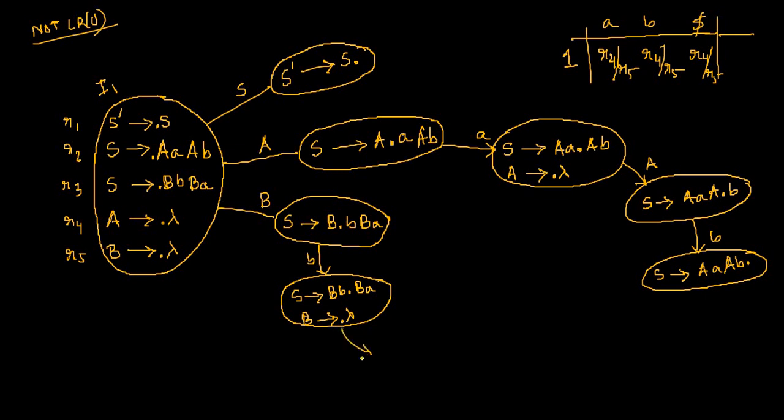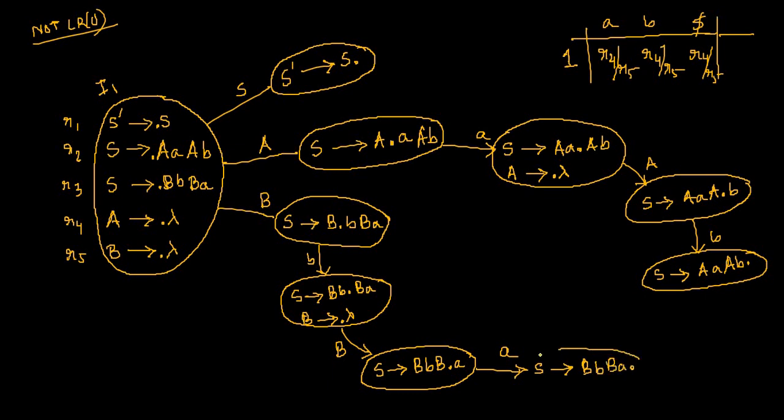Similarly, now if you explore with capital B, it will become S2, B dot A. And then if you explore A, it will become S2, B A dot, which is the final item.